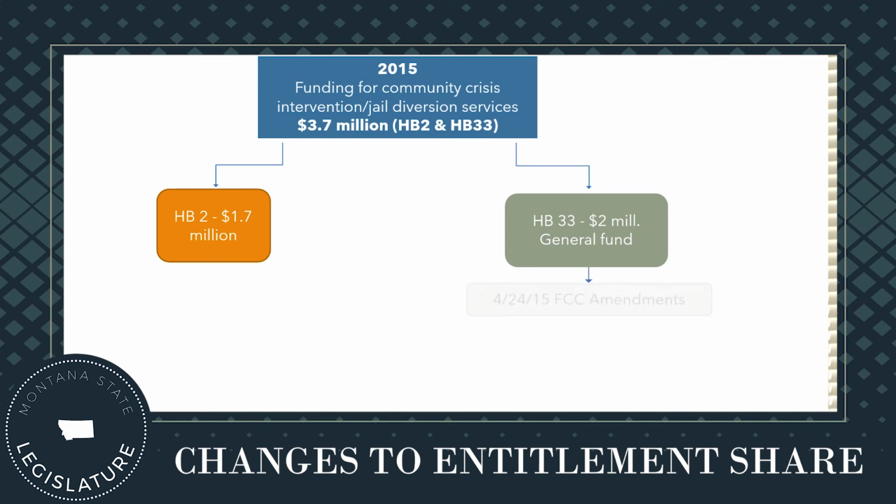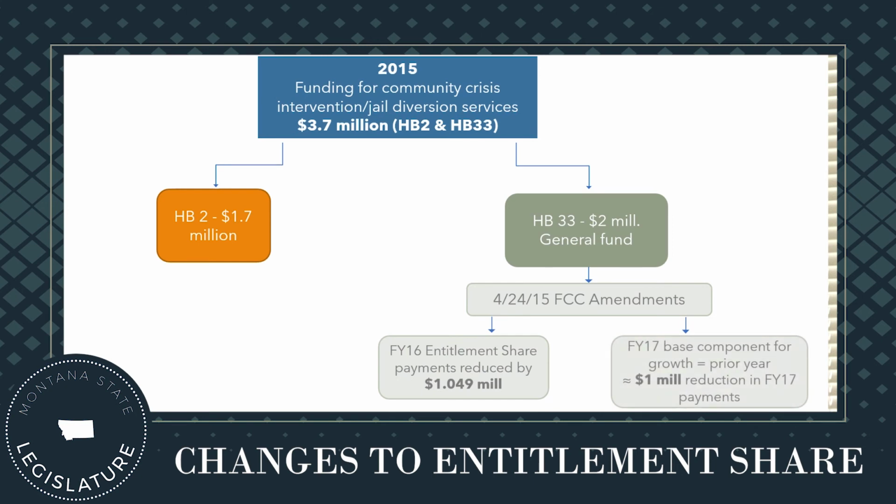Now, the April 24th Free Conference Committee amendments actually change up how that money will be found in the general fund. If you think about it, these amendments kind of help backfill that $2 million that would come out of the general fund. So half of that was found by just cutting the fiscal year 16 entitlement share payments by that little over $1 million. And then the rest of the $2 million will probably come from that action of making the fiscal year 17 base component equal to the prior year.